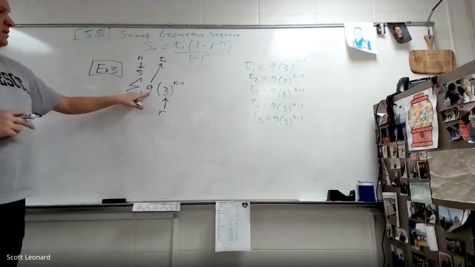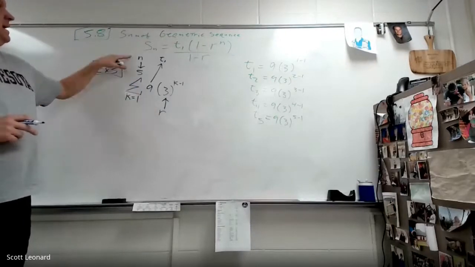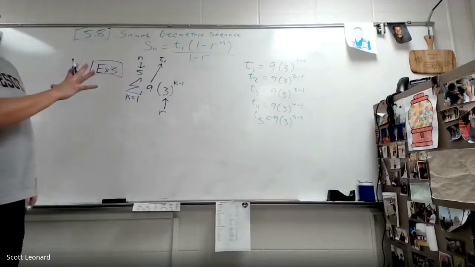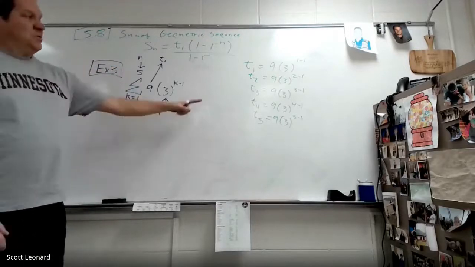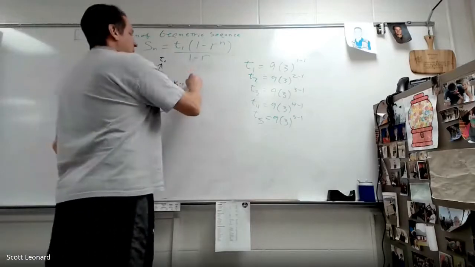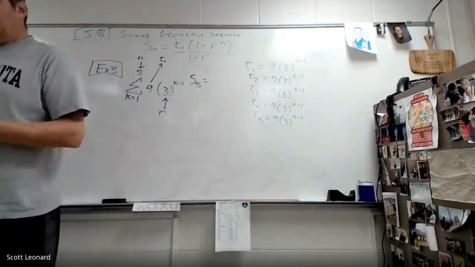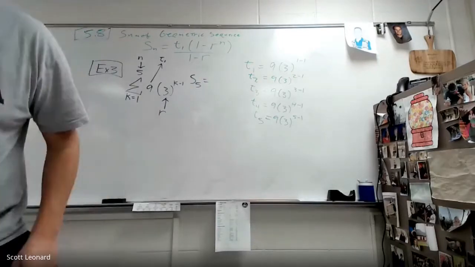You have your T1 of 9, R value multiplied by 3, and we want to find the sum of the first 5 terms. So don't do this. Use your formula to find S of 5 right now. I'll give you guys 3 minutes to finish this one up.